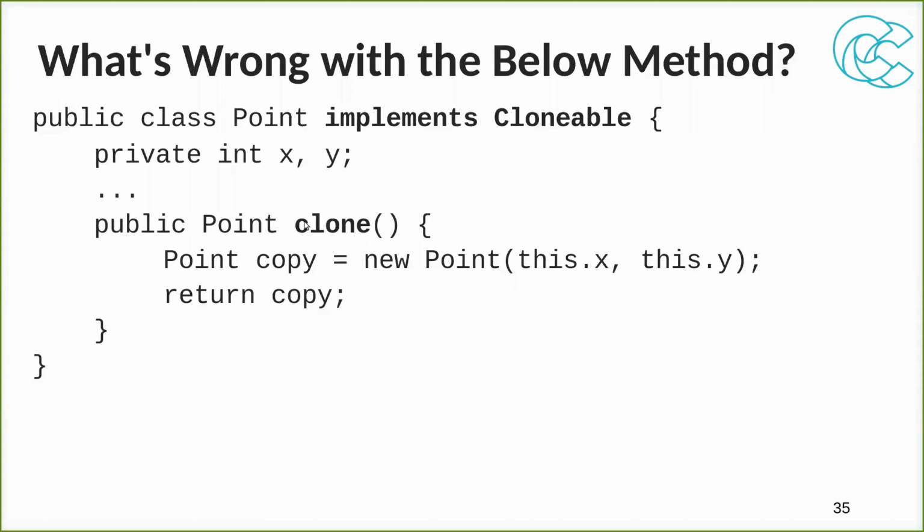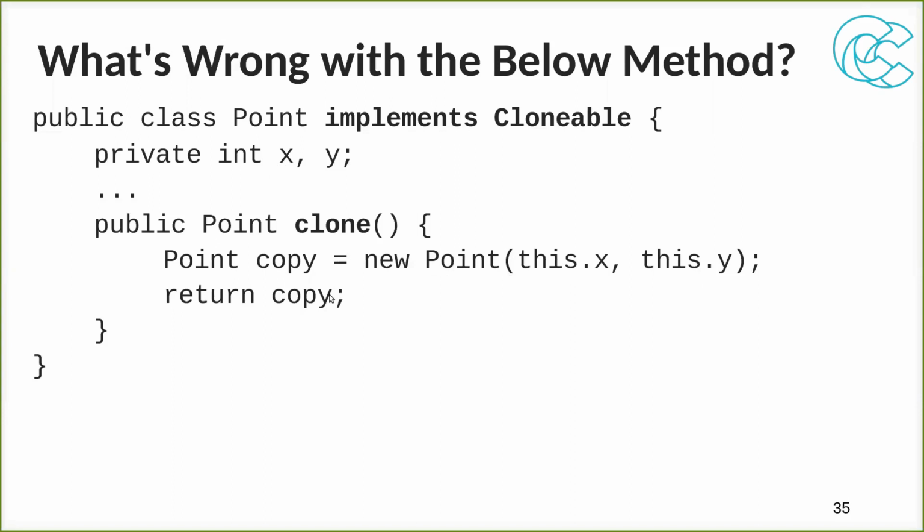It will also inherit all the public and protected methods, and clone is one of them, so now you want to override it. The way we are overriding it is we are creating a new instance, and we are passing the current state to this new instance, which is this.x and this.y, and you are simply returning the copy.